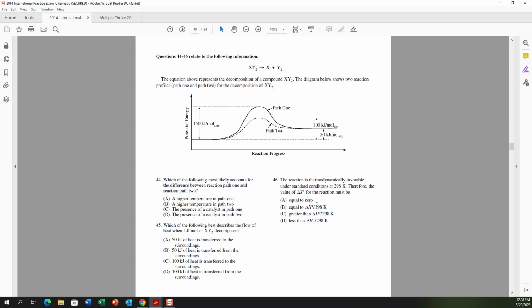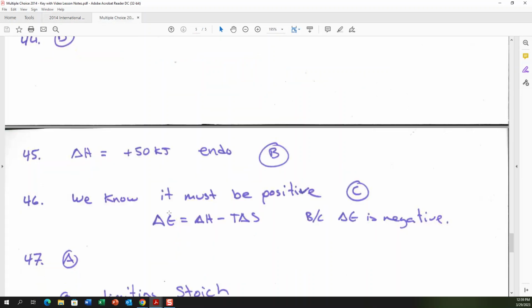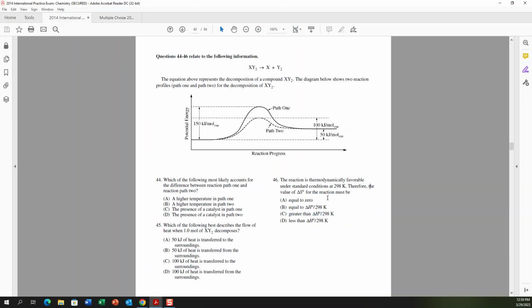But it's got to make sure that delta G gets negative, so delta S has to be greater than delta H divided by the temperature, because delta G equals delta H minus T delta S. So you're filling in this equation. That must mean delta S is actually greater than delta H divided by the temperature, and that'll give you a negative number, which means thermodynamically favored. So initially, right off the bat, I was like, okay, delta S has to be positive, but it's got to be a little bit better than that. So we know it's not equal to 0.